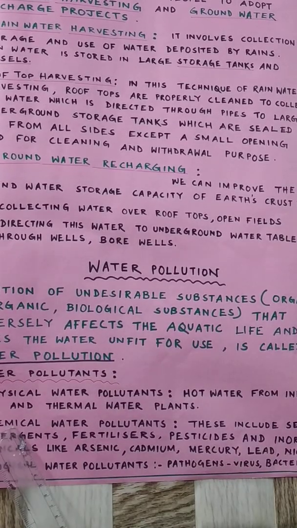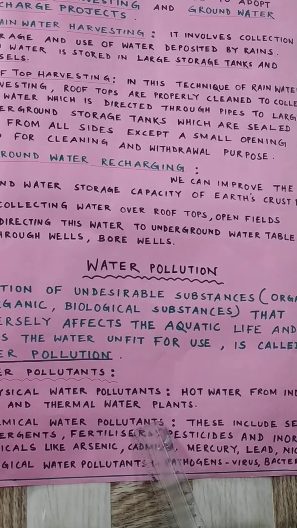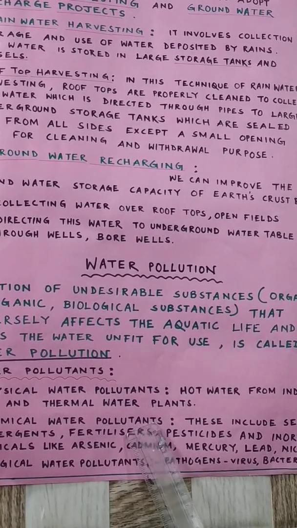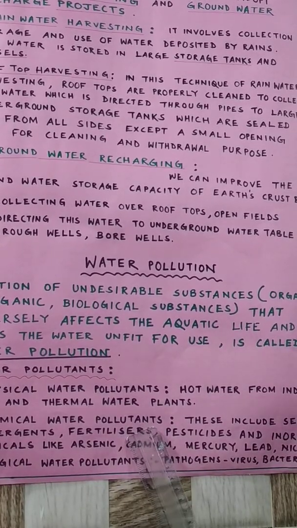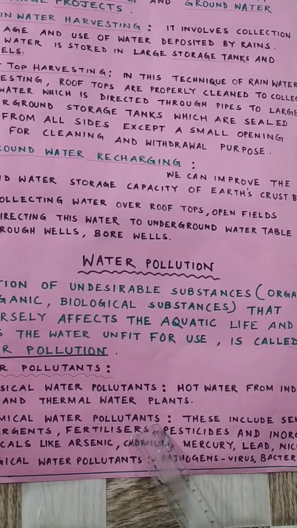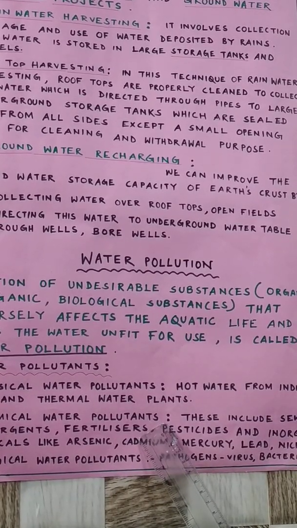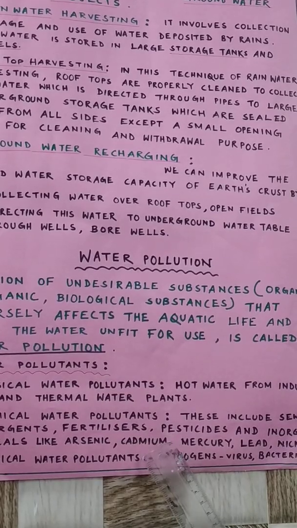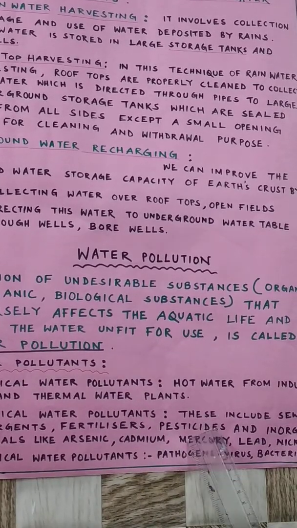Okay. Now, chemical water pollutants. Some harmful chemicals also get mixed with the water bodies, and these chemicals run off from the chemical industries or through fertilizers and pesticides.